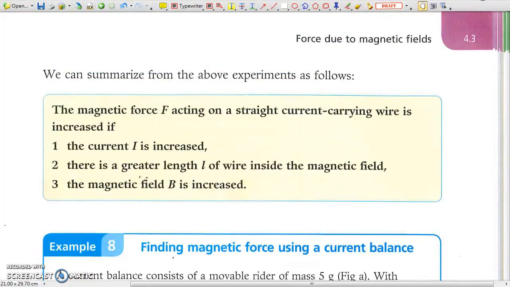So from these two experiments, we can see that the magnetic force increases with the current I flowing in the current-carrying wire, increases with the length of wire inside the magnetic field, and also increases with the magnetic field B. In fact, we find the force directly proportional to all the three parameters.